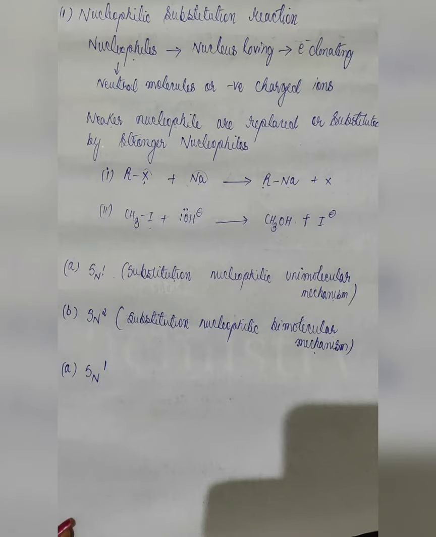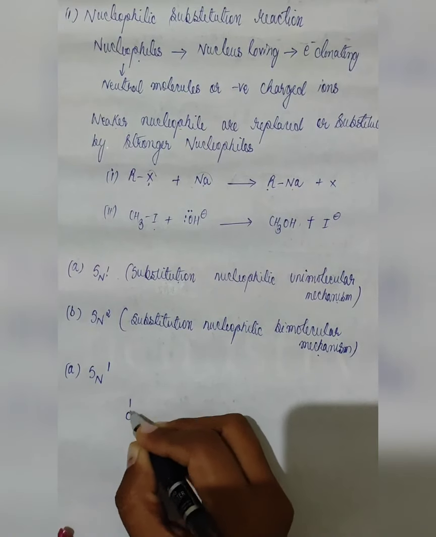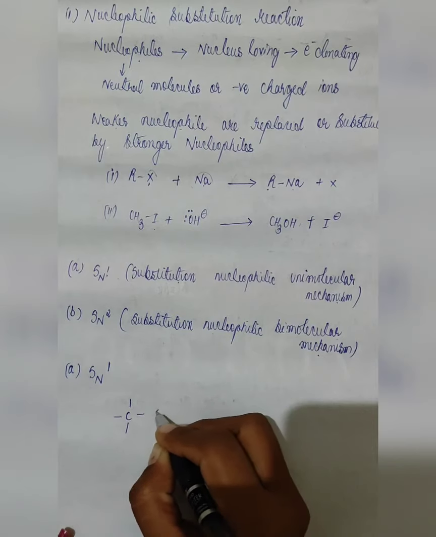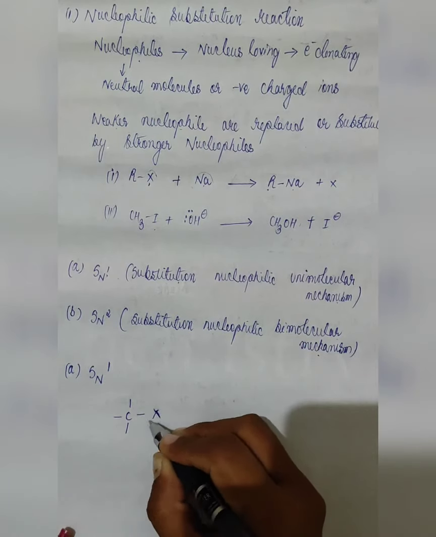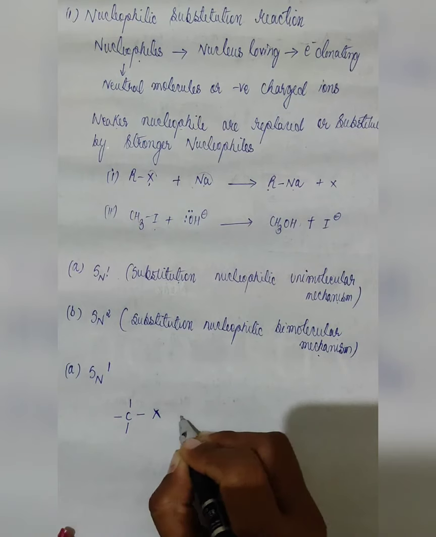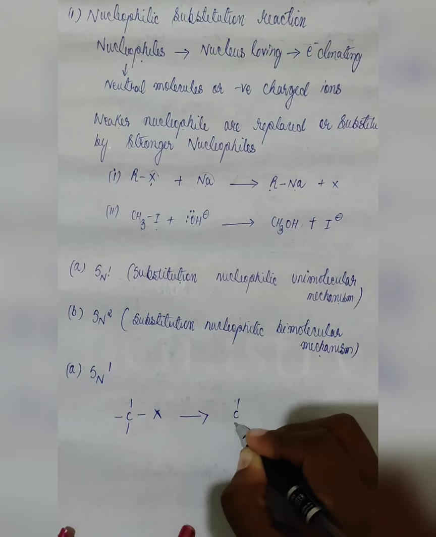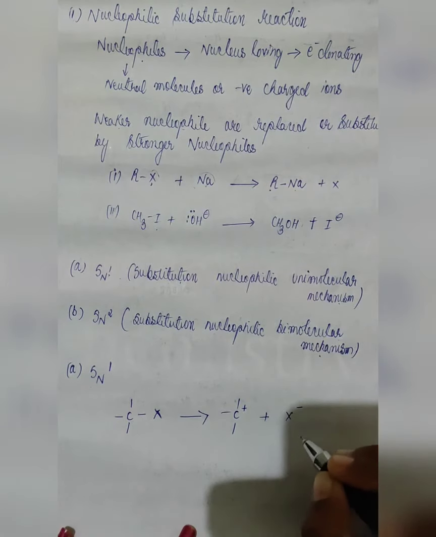In the first step, the halogen atom, let me show you with the example, this halogen atom will be lost and a carbocation having a positive charge will be formed along with a halide ion.